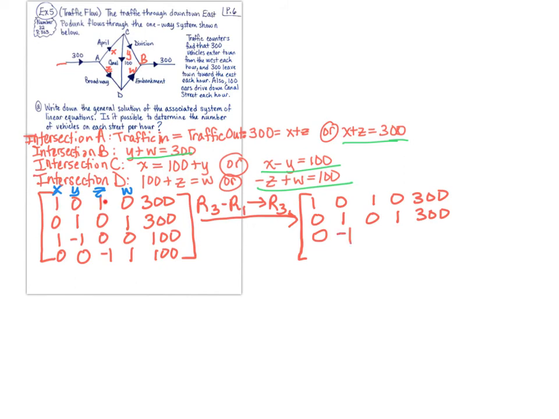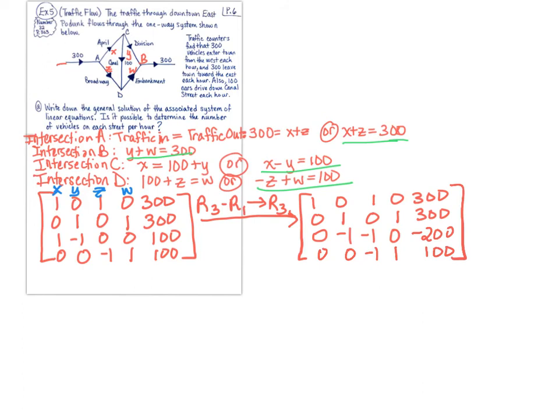Then we have 0 minus 1 gives us negative 1. And then we have 0 minus 0 is 0, no fun. And then 100 minus 300 is negative 200. All right, perfect. Last row does not change. Okay, so far so good.